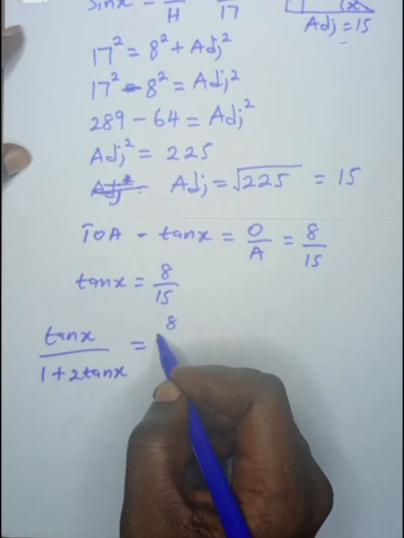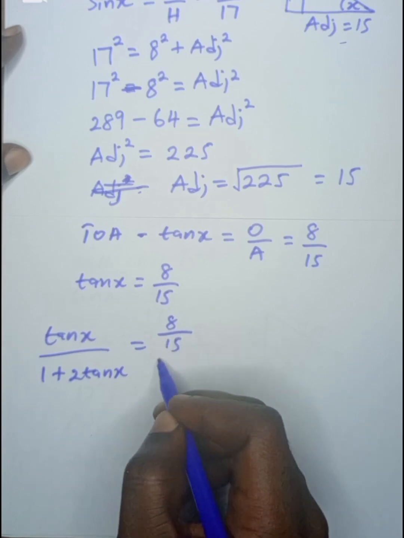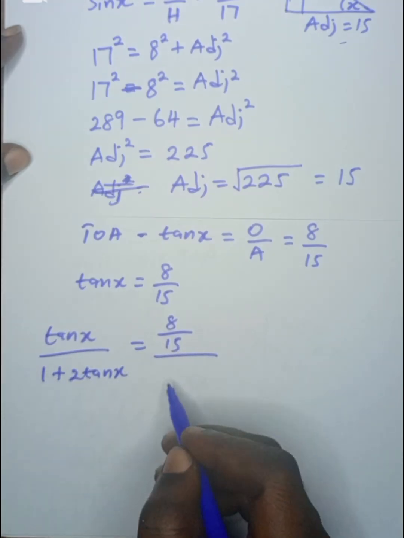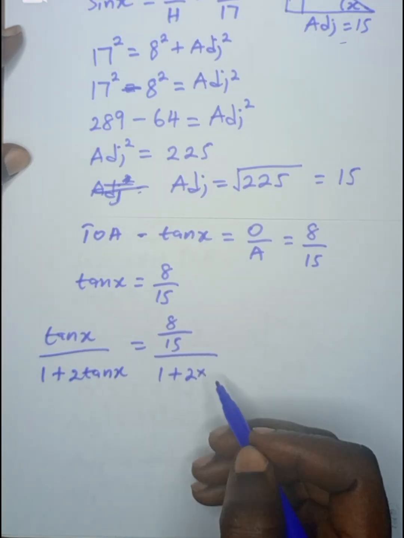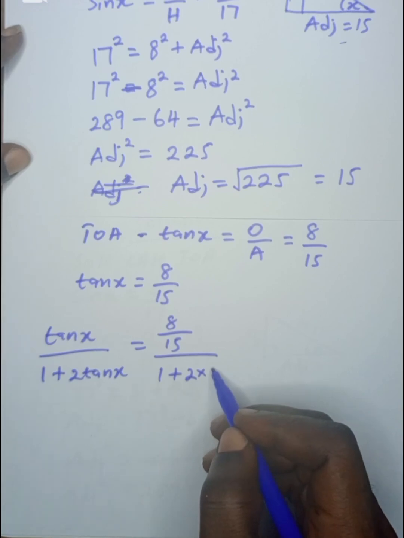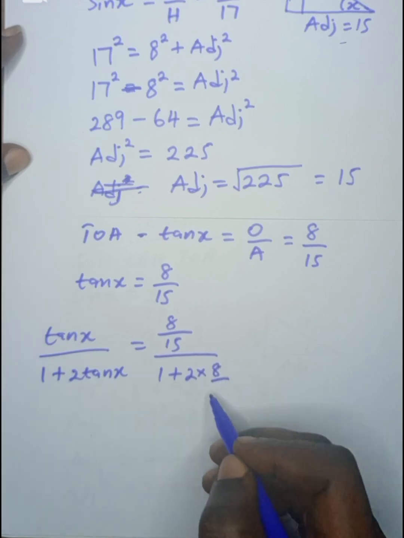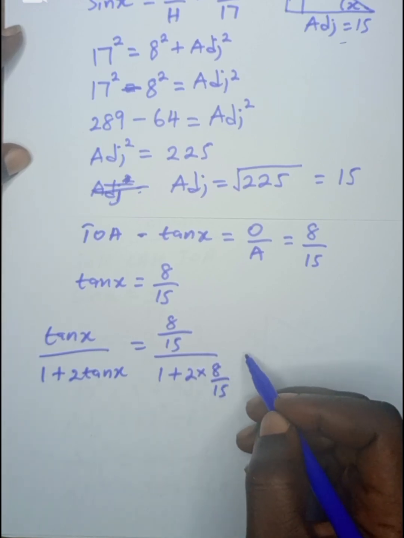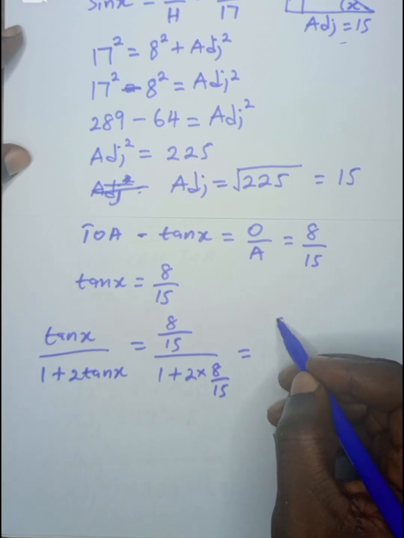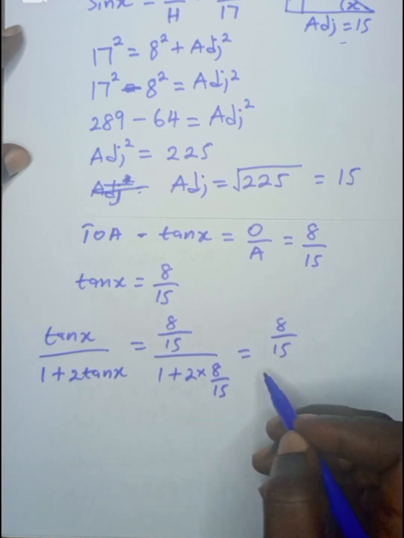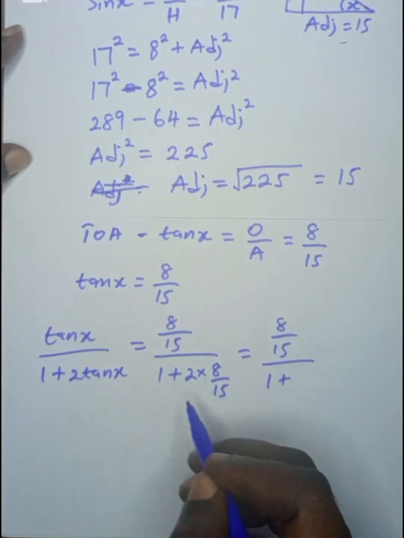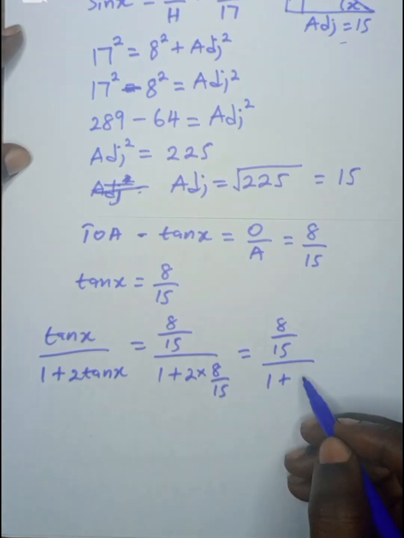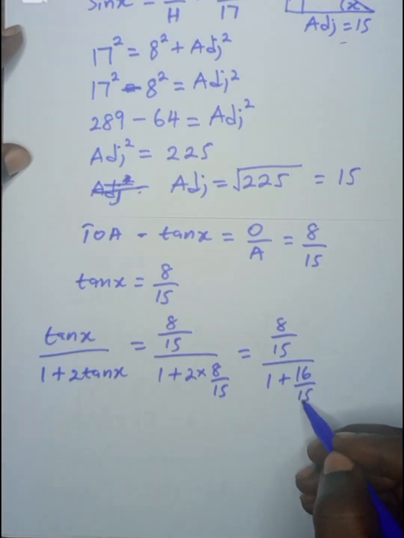So we have 8 over 15, all dividing 1 plus 2 times tan x, which is 8 over 15. So we have 8 over 15 all over, okay, we have 1 plus 2 times 8 is 16. So we have 16 over 15.